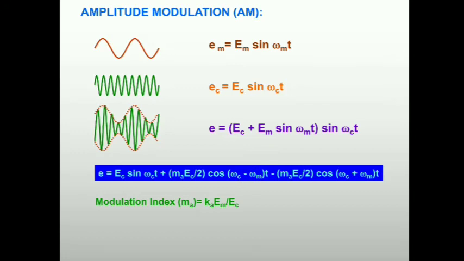The modulation index is represented by m_a. If K_a equals 1, then m_a is equal to the ratio of the modulating signal and the carrier wave signal.